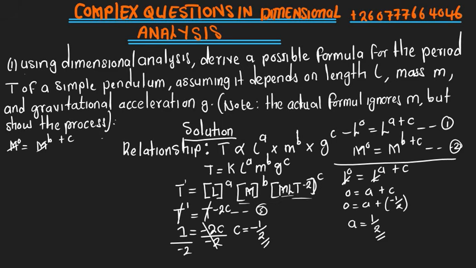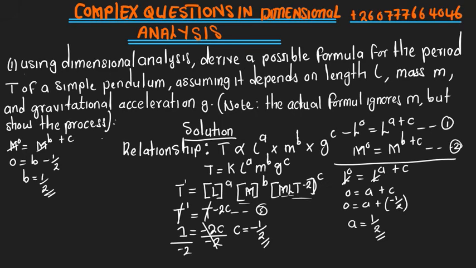If you cancel these guys, you are going to have a 0 here. Then B, of course, C is a minus, so it's going to be minus negative 1 over 2. And of course, you're going to have a positive 1 over 2 there.